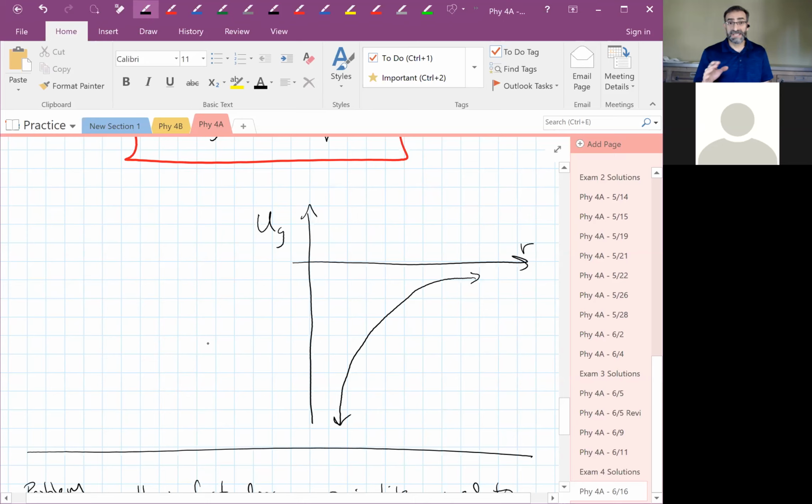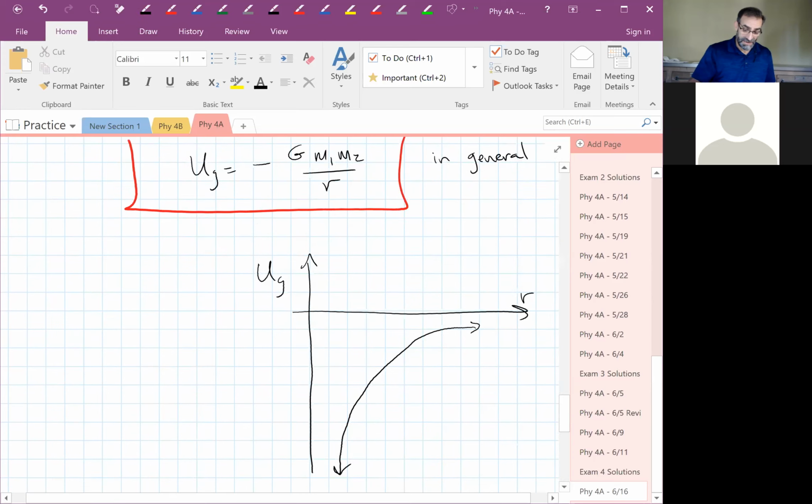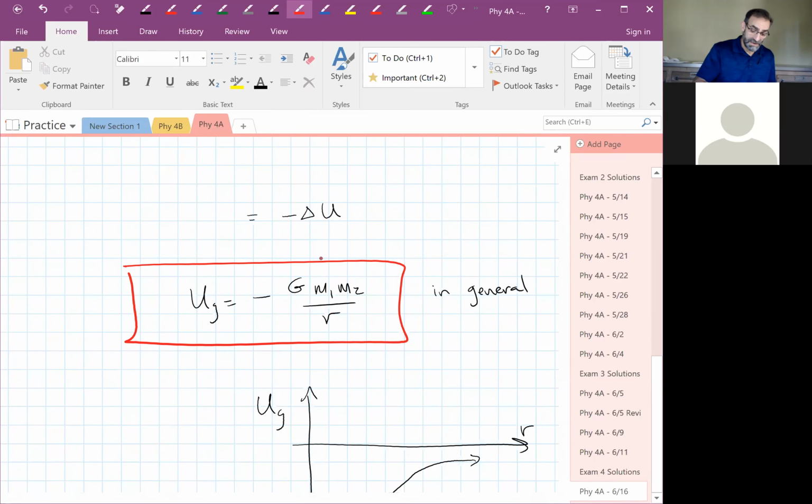We don't have a choice anymore. We can't say, oh, let's let the surface of the Earth be 0, or let's let our final position be 0, or initial position be 0. We have no choice. There's only one place where it can be 0. When r equals infinity.